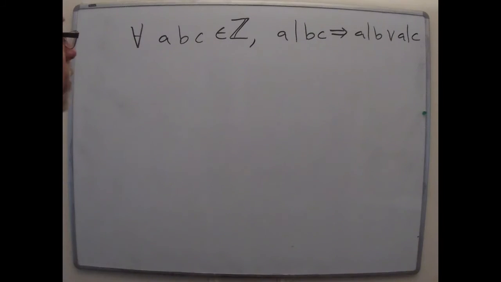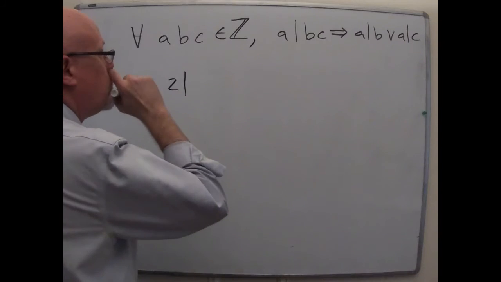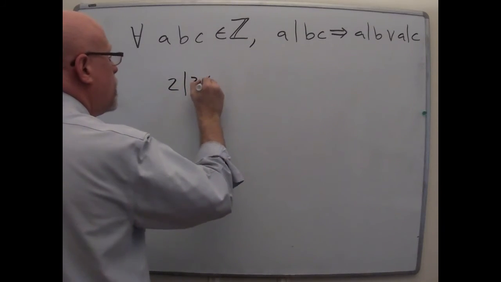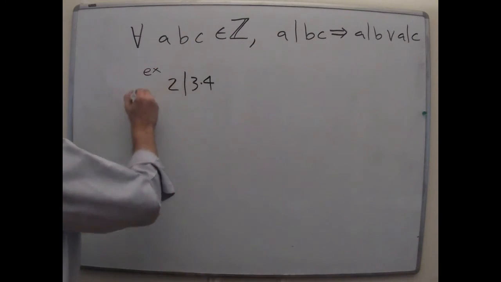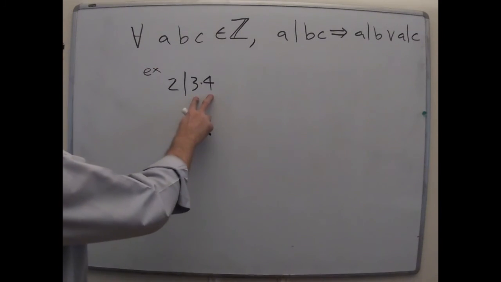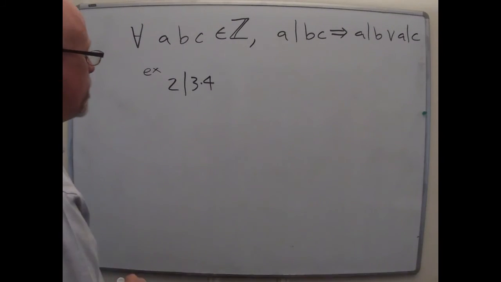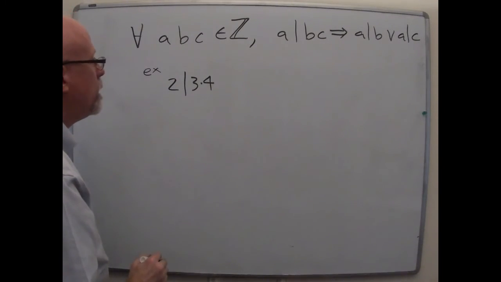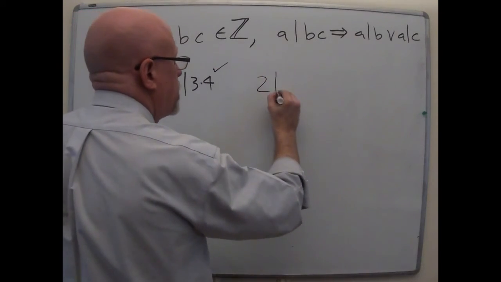Let's try some examples. Suppose I had 2 divides into 3 times 4. Because that's 12, right? And 2 certainly divides 12. They're both even numbers. So, I mean, 2 divides into any even number. So that's true. And of course, 2 divides 3.